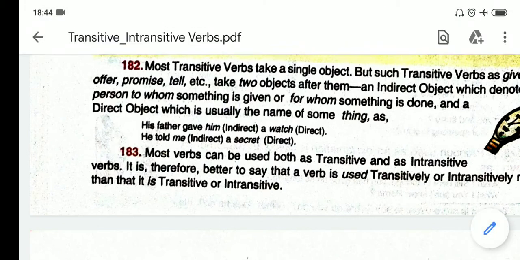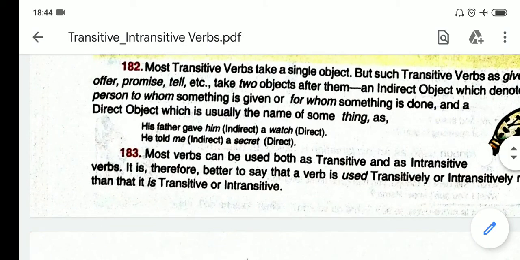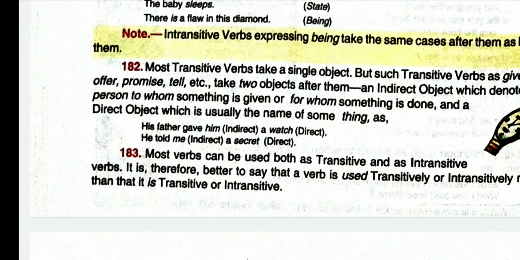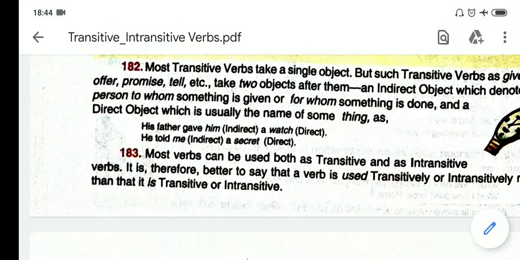What is the direct object? Which is usually the name of something. And what is an indirect object? Which denotes the person to whom something is given or for whom something is done. Examples will clarify. So 182 is elaborating transitive verbs further: it is not necessary that there is only one object in transitive verbs.